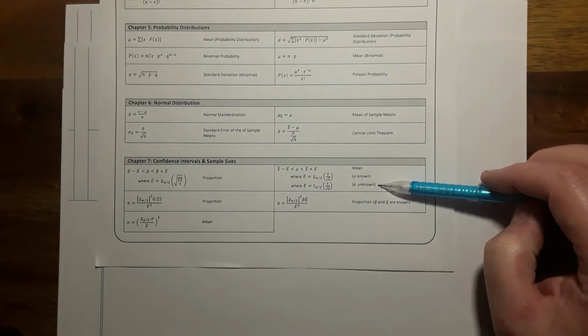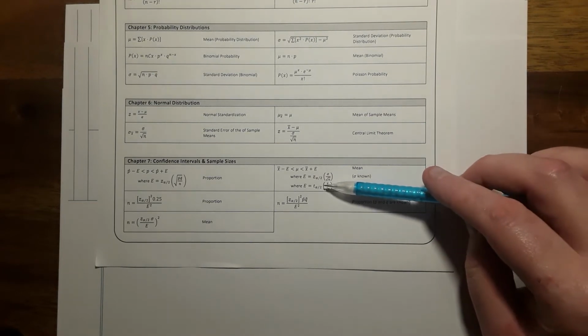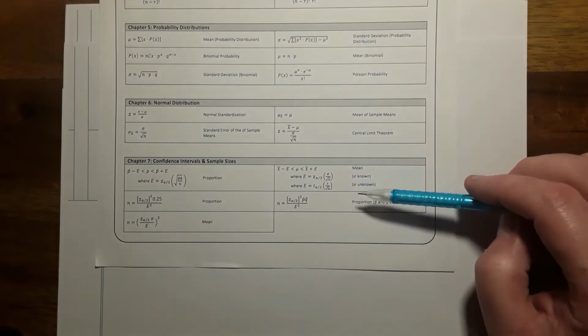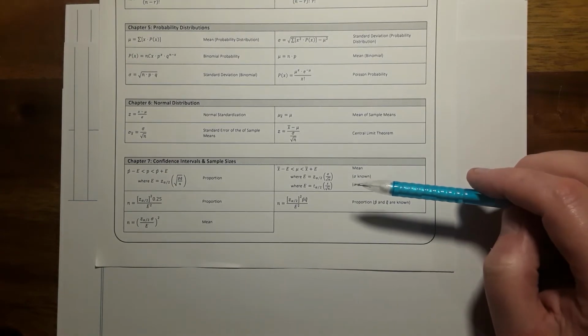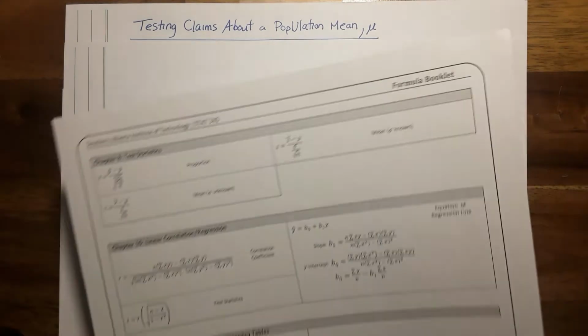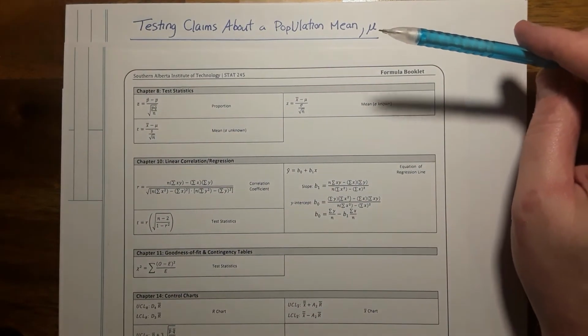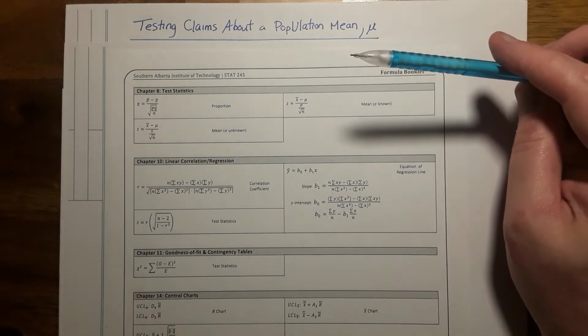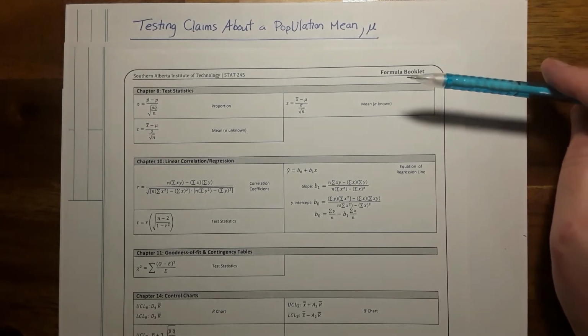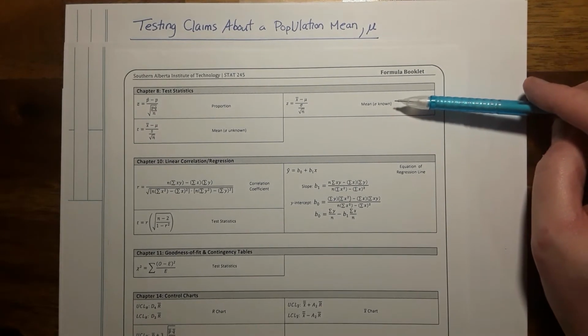And when we did not know the standard deviation of the population, we ended up using t-score in our error estimate calculation. So when we do a hypothesis test about a population mean, the same rules apply.